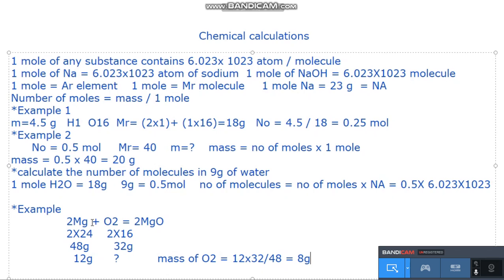If you want to reduce the amount of magnesium that you use, you should also reduce the amount of oxygen. So if we use 12 grams of magnesium, we should use 8 grams of oxygen.